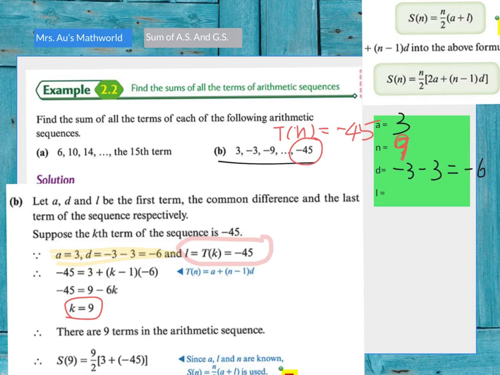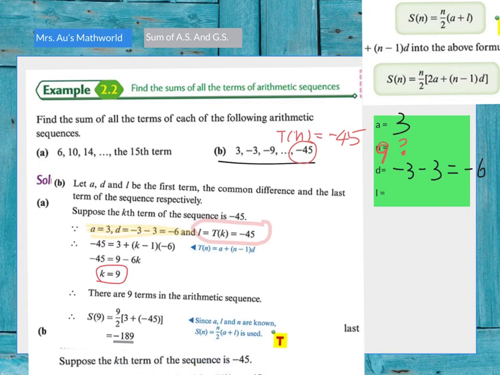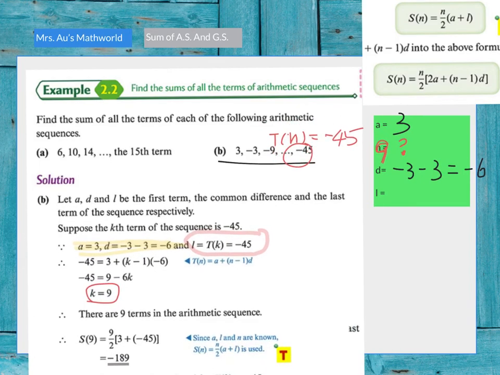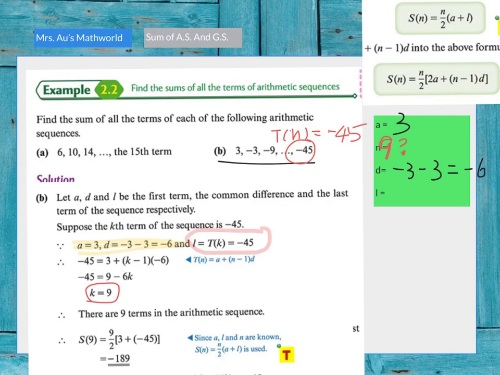Alright, so after we have done so, then we can find out the detailed solution here. As we know all the information, that means we know the 9, 3 and negative 6. This time it depends on what you like, because you know the last term already. The last term is negative 45.